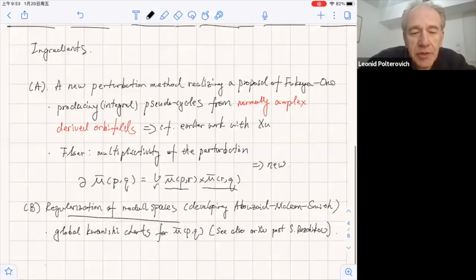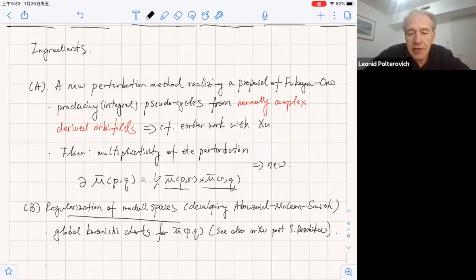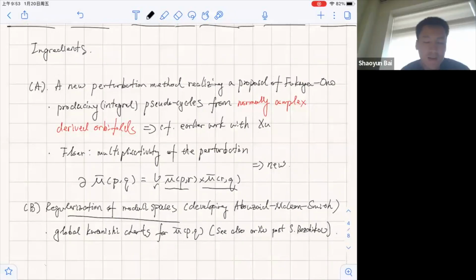Excuse me, I have a question. So you mentioned the work of Rezchikov, and what was the goal of this work? I think he has some other motivations to construct the global Kuranishi charts in the setting of Hamiltonian Floer theory.